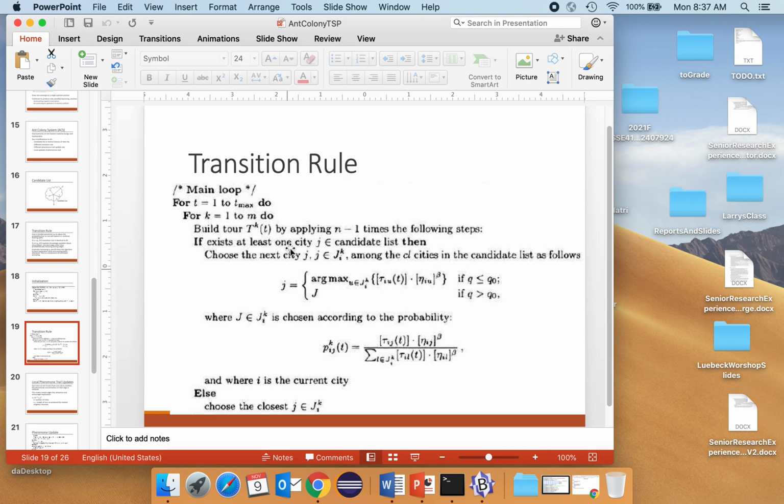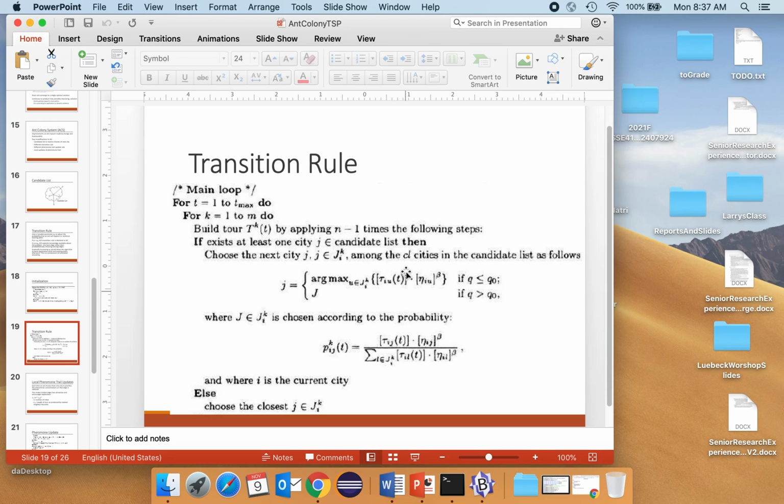We have this candidate list, capital J, and it's for city I, for ant K. Over here we have this transition rule that I mentioned to you. If Q is less than Q0, we're going to use the same thing as we have seen before.